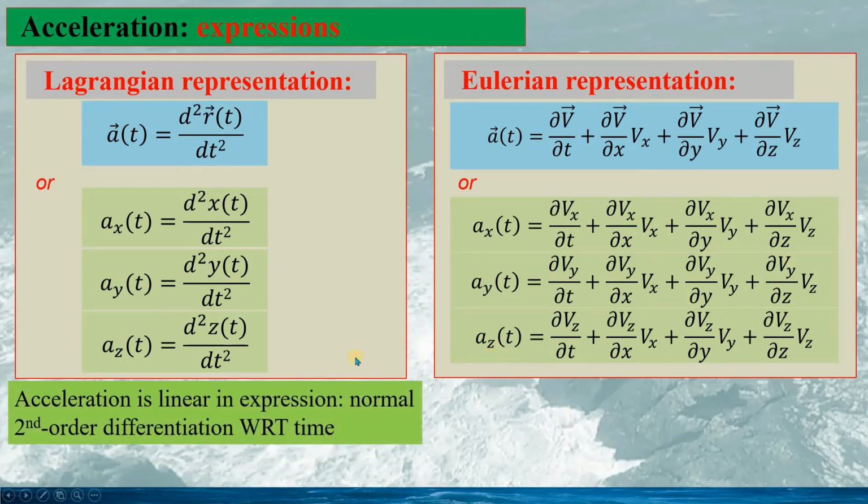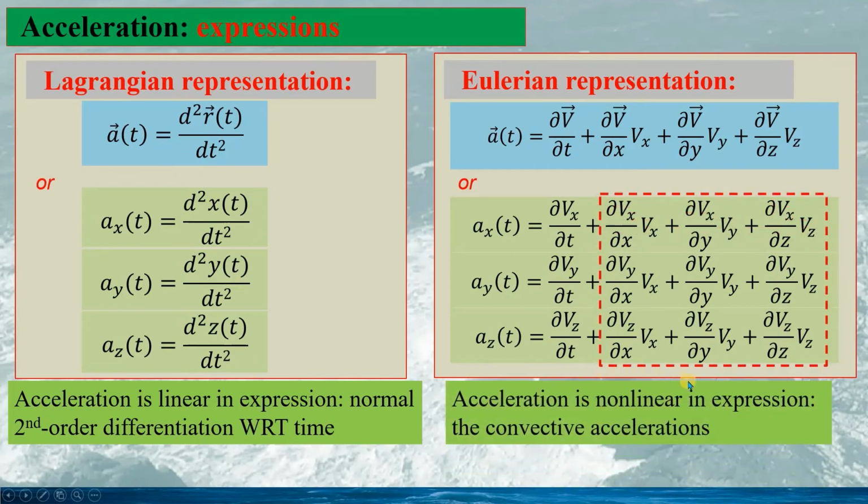So we can see for the motion expression, the Lagrangian representation is simpler, since the acceleration is linear in expression, the normal second-order differentiation with regard to time. While the acceleration in the Eulerian representation is nonlinear in the expression, with the much more complicated convective acceleration in this rectangle.